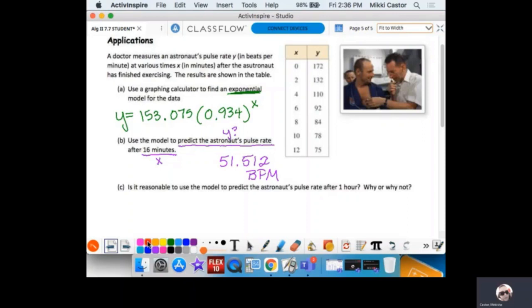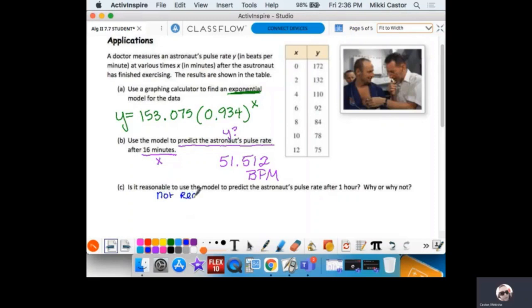No. So when you do models that represent data like this, they're good for outside the data, but only so far outside the data, right? It's not going to make sense for you to go way outside the data because it's not going to give you an accurate representation. So I think what I would say there, kind of like what Ben had said, is it reasonable?